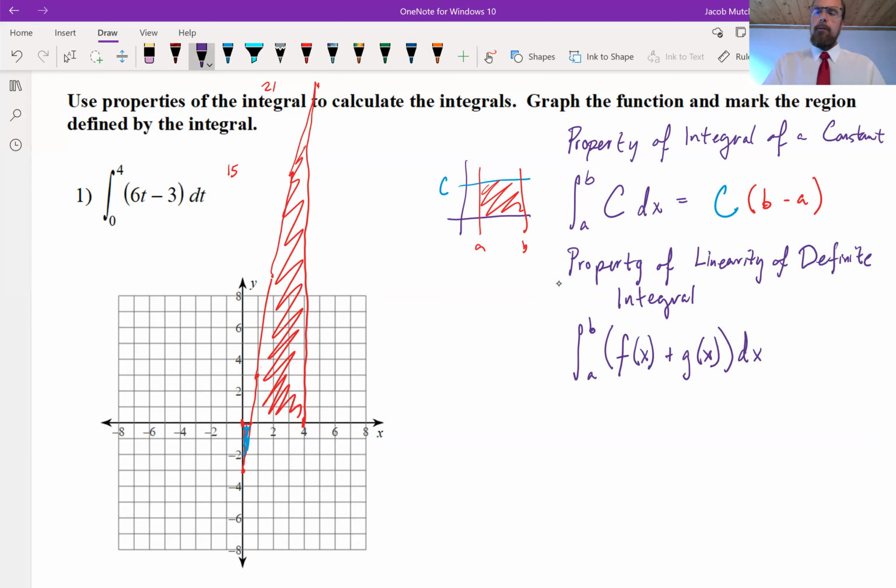The property of linearity of definite integrals allows me to consider that as two separate integrals. So I can think of this as the integration from a to b of just f of x dx, and then whatever that sign is, this one is plus. If it was minus, it would show up as minus there, of the integration from a to b of g of x dx.